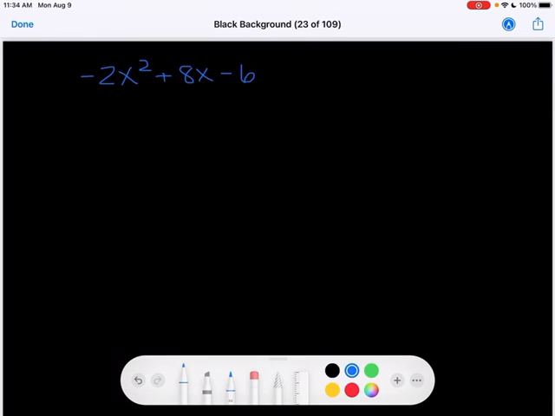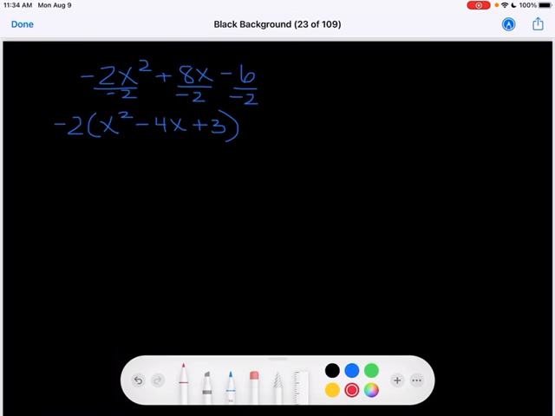But since the leading coefficient, the -2 out front, is negative, I need to factor out a negative. So I need to take out a -2. That means everything here needs to be divided by -2. I'm factoring out the GCF. So I get x squared minus 4x plus 3 after I divide everything by -2.